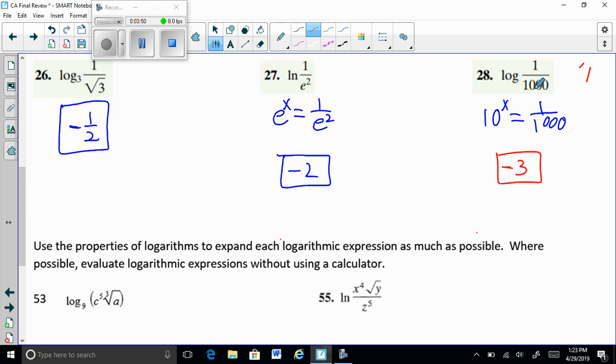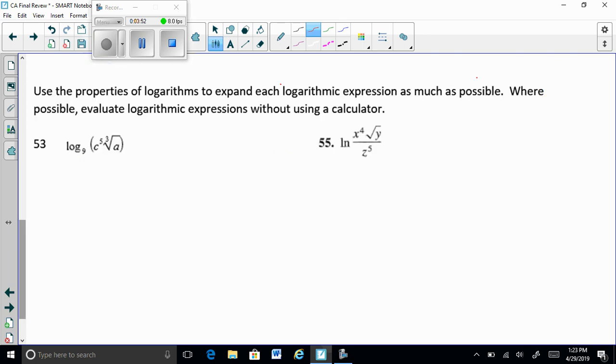So this next part is going to be using the properties of logarithms to expand them as much as possible, and simplify if possible. I don't think any of these will be able to simplify. So right here, you see you've got a product. So we'll go ahead and break that apart into log base 9 of c to the power of 5. And then that's going to be addition.